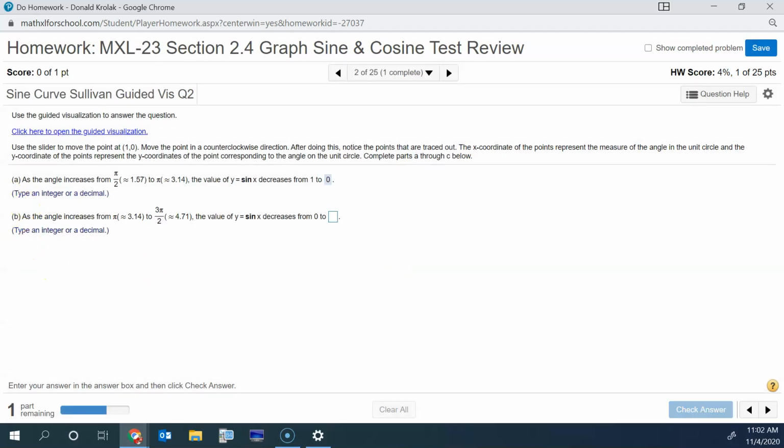What happens as the angle increases from pi to 3 pi over 2?